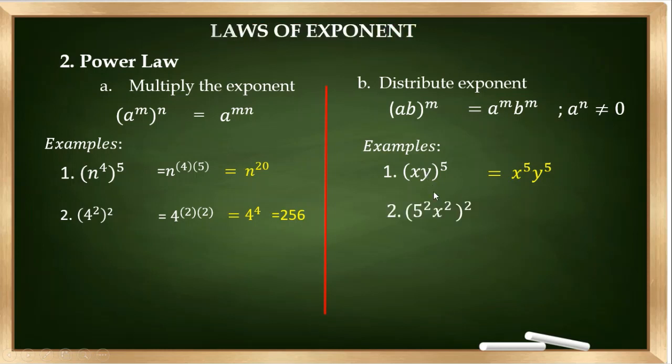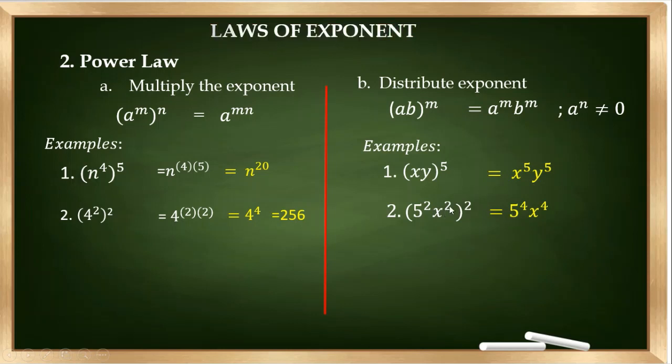Alright? So another example is we have quantity of 5 squared times x squared raised to the 2nd power. So simply, distribute natin itong exponent dito sa labas, dito sa mga exponents sa loob ng parentheses, then multiply. So we have 5, then multiply natin itong 2 na exponent dito sa exponent dito sa loob. So we have 4.